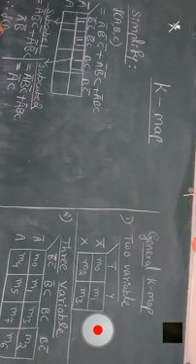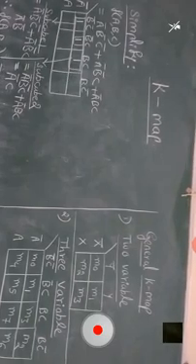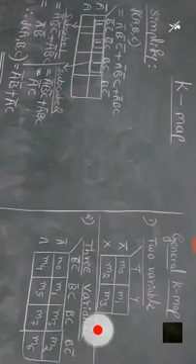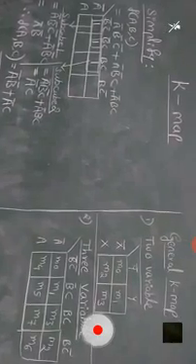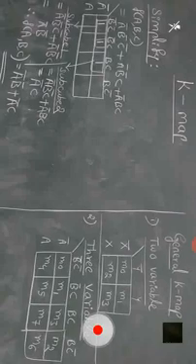f of A, B, C is equal to A bar, B bar plus A bar, C. So, students, you can see here, finally, we will come across this answer.